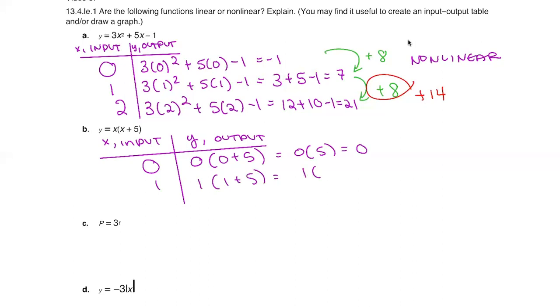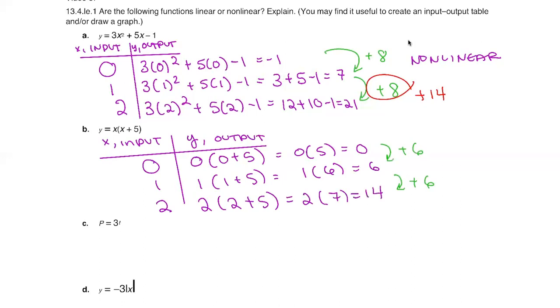Well, that's equal to 1 times 6, which is equal to 6. Now, 0 to 1 is just plus 1. So I should do plus 6 to the next value. That should work out that way. And I plug in 2. 2 times 2 plus 5. Well, that's equal to 2 times 7, which is 14.